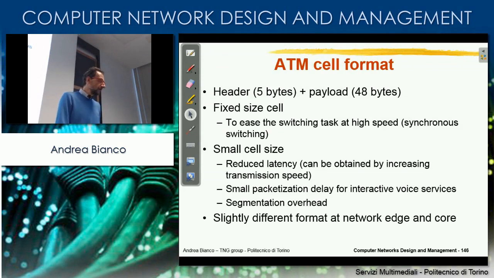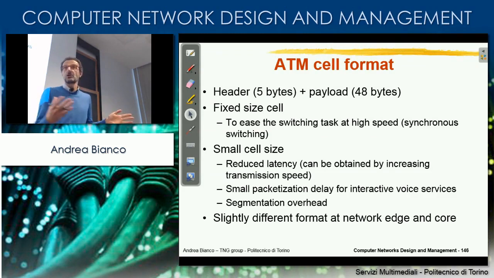And that has two drawbacks. First drawback: 5 bytes of header over 48 is a 10% overhead for only one protocol layer. So only at the ATM layer you are losing 10% of the link capacity, losing in the sense that you are not using it for data transfer generated by the user. Of course, this ratio would become better if we had a larger packet size.